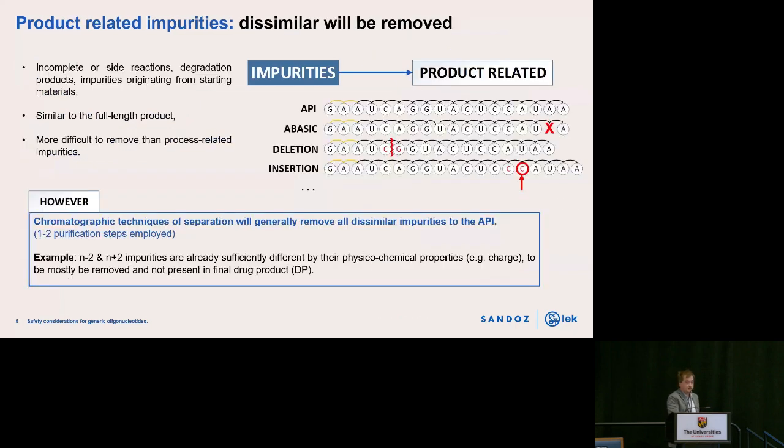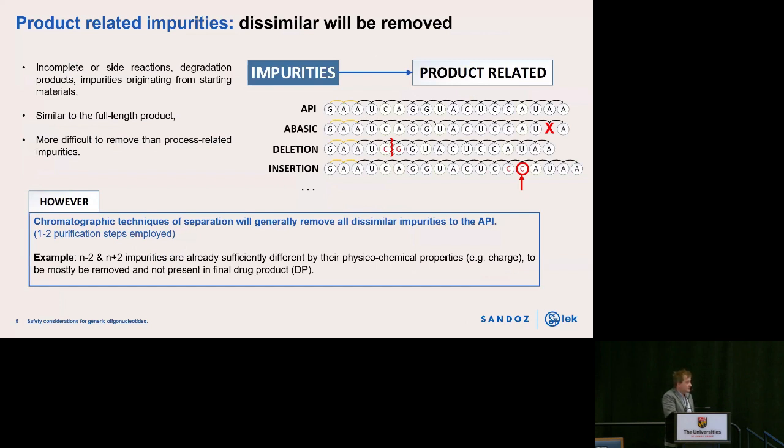So let's now shift our attention to product-related impurities. Now, they can form due to incomplete or side reactions. They can be degradation products. Some typical types of impurities are abasic sites, N-1 deletions, or N+1 insertions.